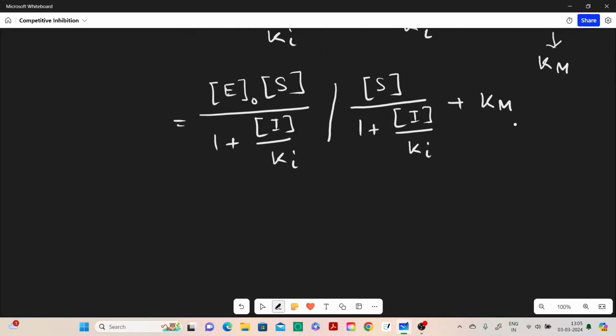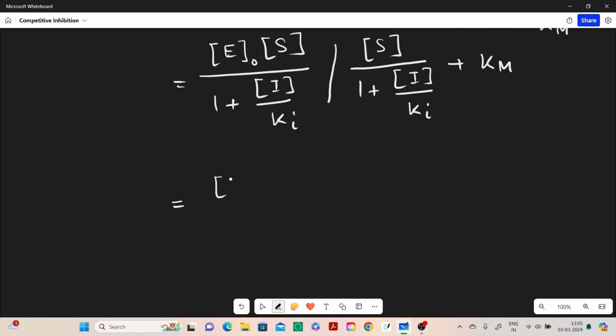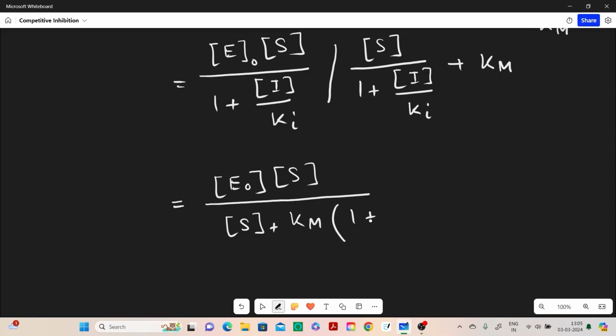Never forget this. So what we will do right now is we will divide the numerator and the denominator by 1 plus I by Ki. What we get is E naught S divided by S plus Km multiplied by 1 plus I by Ki.